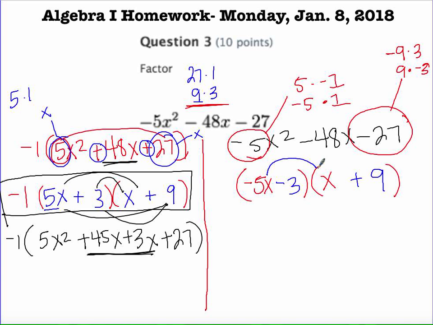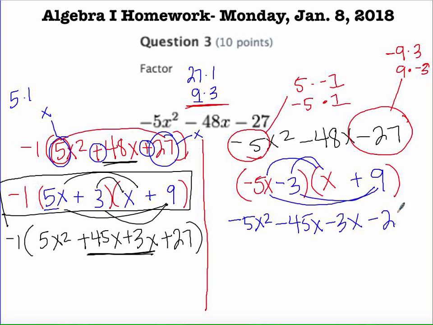I've got -5x times x is -5x squared. -5 times +9 is -45. -3 times +x is -3x. And -3 times +9 is -27. So -5x squared, -27, and our middle, -45 minus 3 gives us -48x.